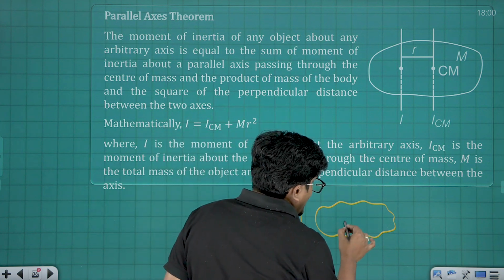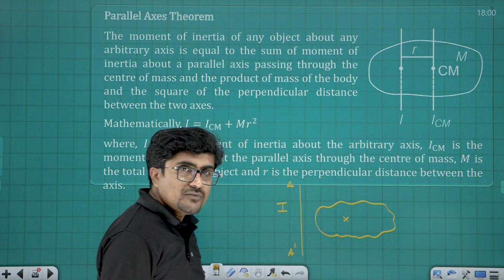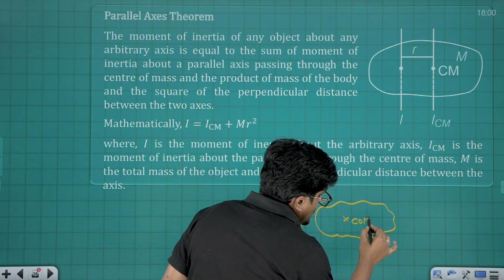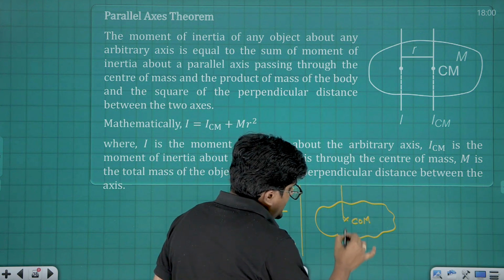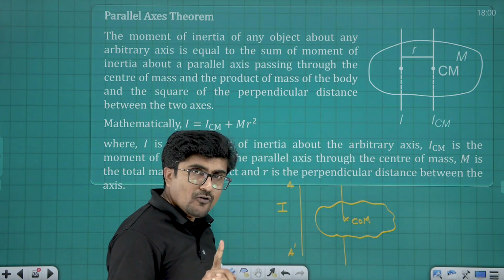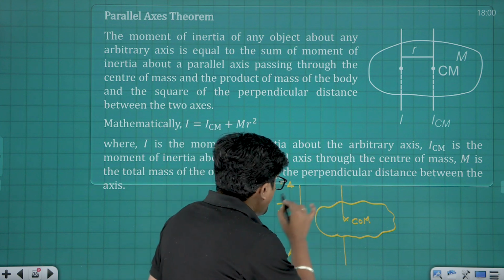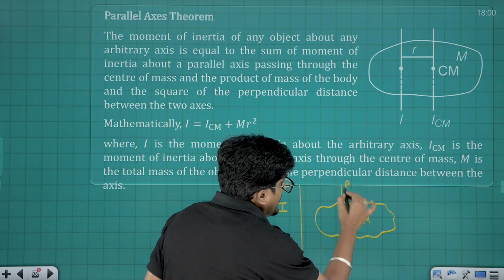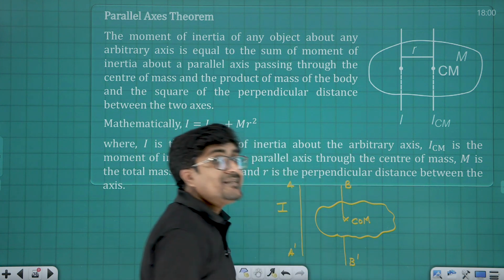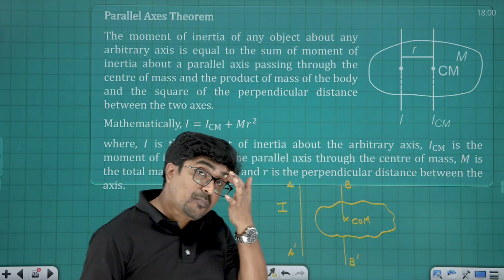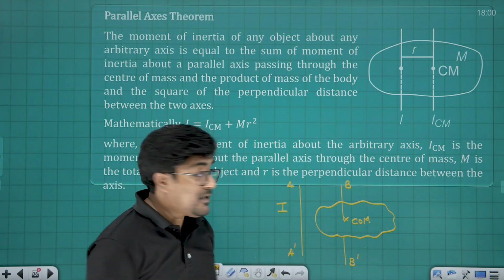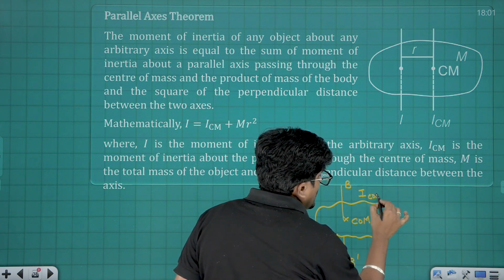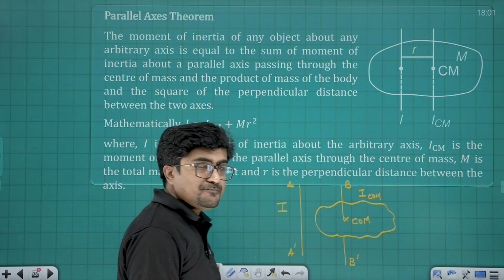Now first I am going to find the center of mass of this body, and let this be the center of mass. Let this be an axis passing through the center of mass, and it needs to be parallel to a dash. So b dash is an axis passing through the center of mass and parallel to a dash as well. Let the moment of inertia with respect to b dash be ICOM, the moment of inertia with respect to the center of mass.